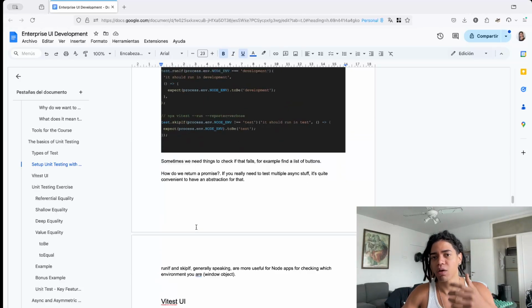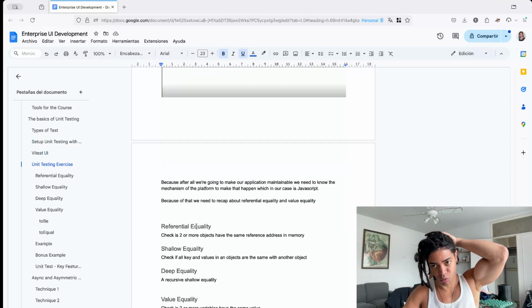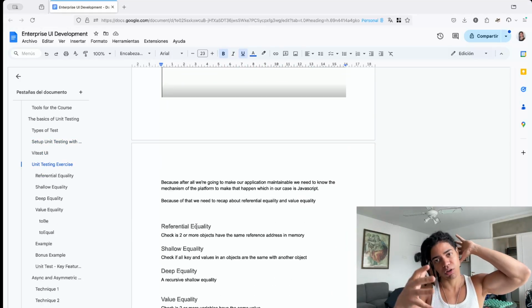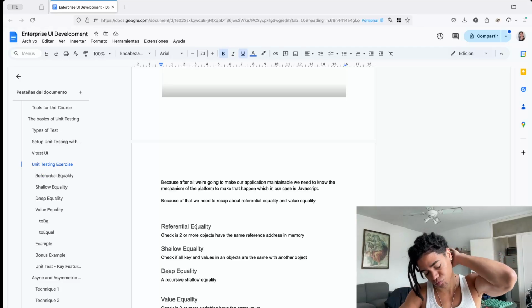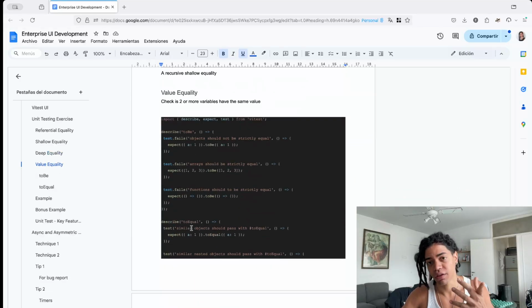And then how can we actually write our tests? Okay, so what is the way of doing that according to Steve Kinney, right? So you define your setup, and then you do the testing logic, and lastly, the assertion. One assertion per test.